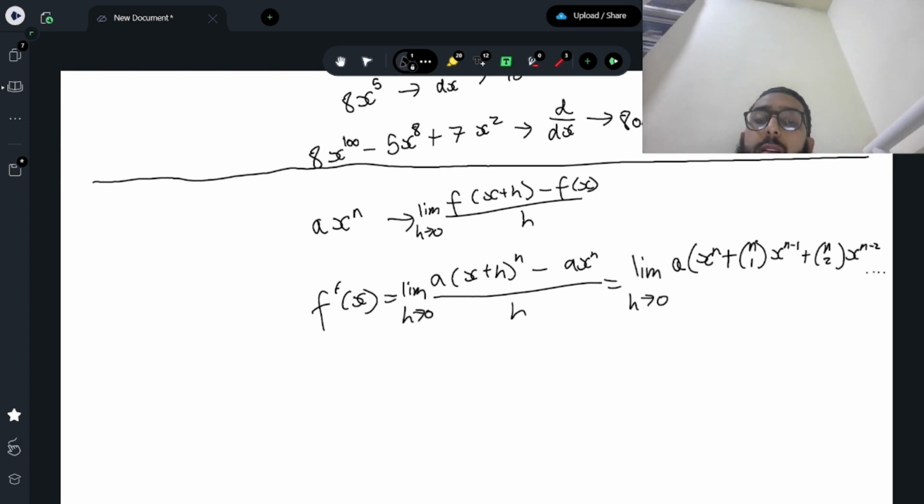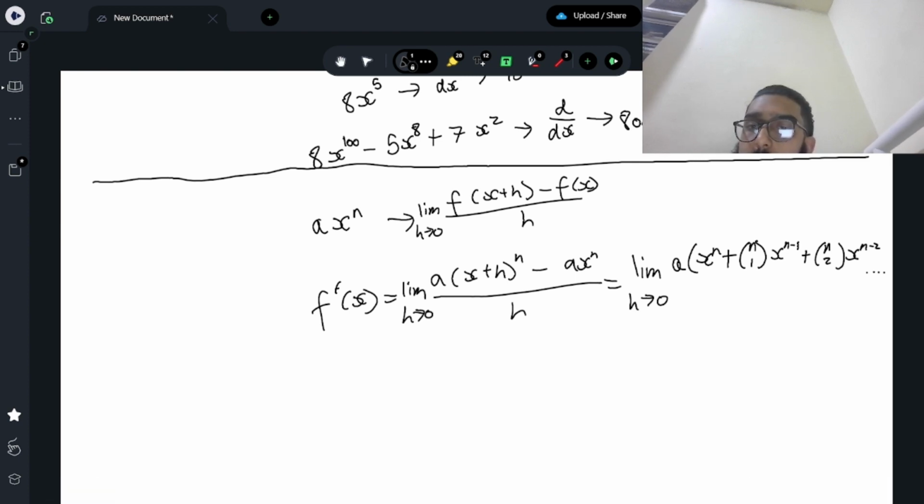So if this n has 4 terms, then this thing will contain 5 things. But it doesn't matter, because as you can see later, it's going to cancel nicely.